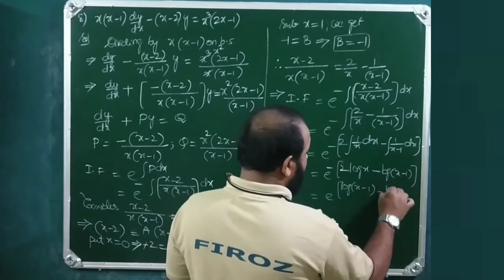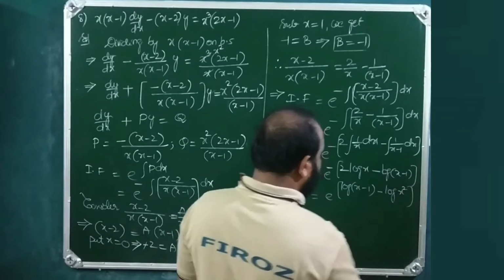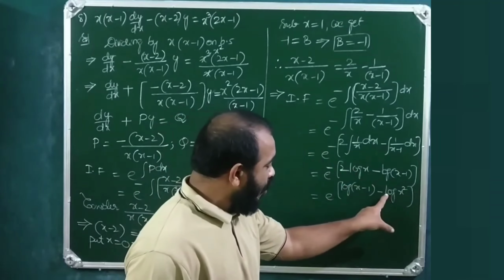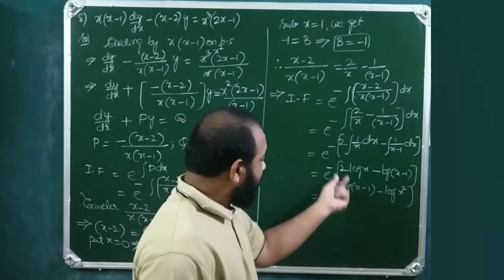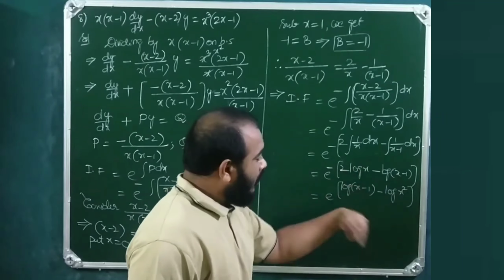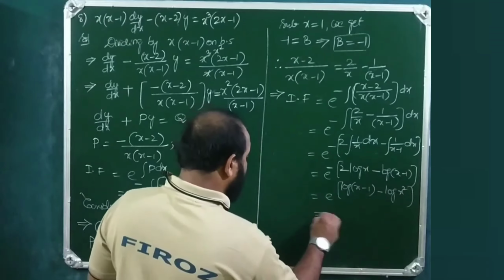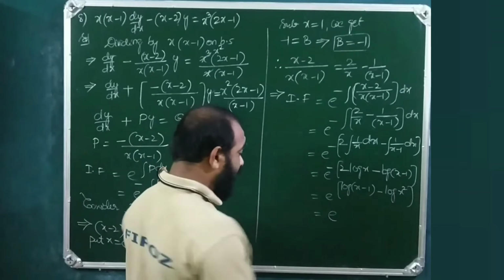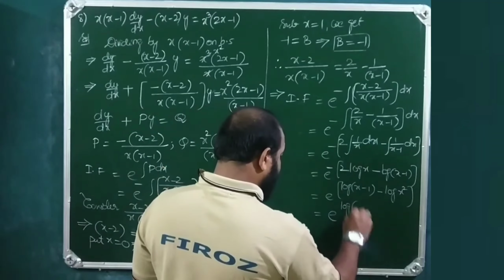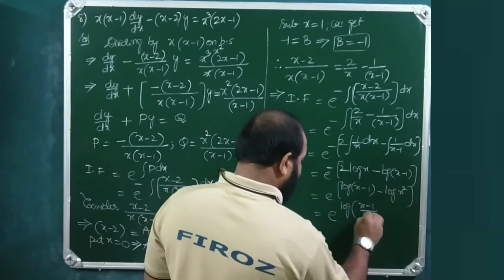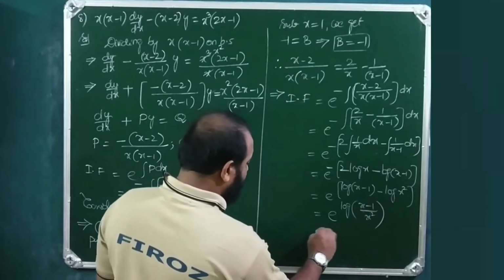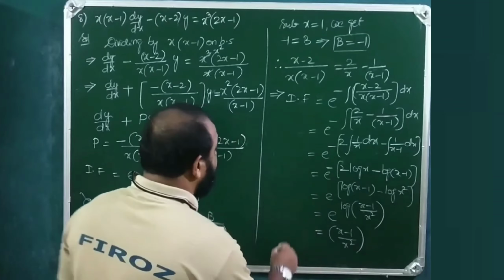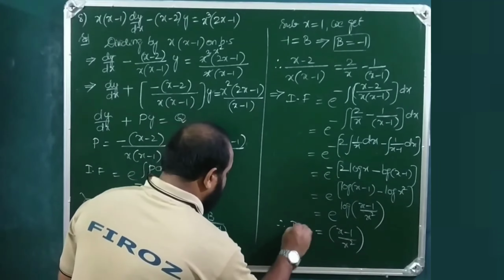Minus 2 log x is log x square, since m log a is log a to the power of m, this 2 goes to the power. So e power log a minus log b is log a by b. So this is log x minus 1 by x square.